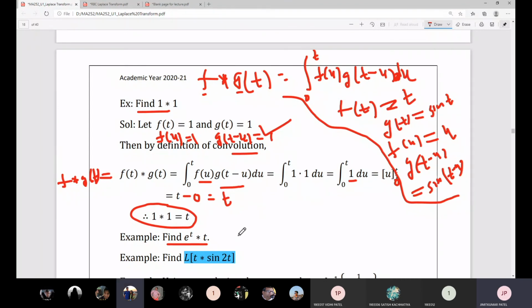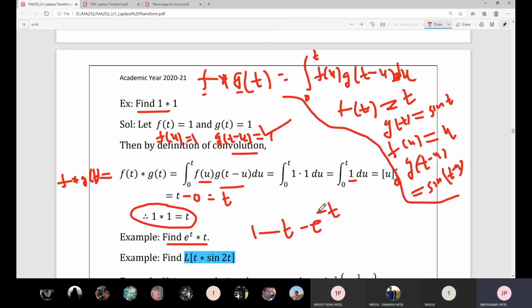Sir, 1 minus t minus e raised to t, minus e raised to minus t. Okay, we check it. I think, sir, it differs by a plus minus sign. e raised to plus t?